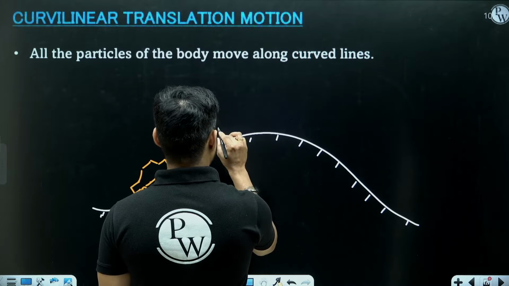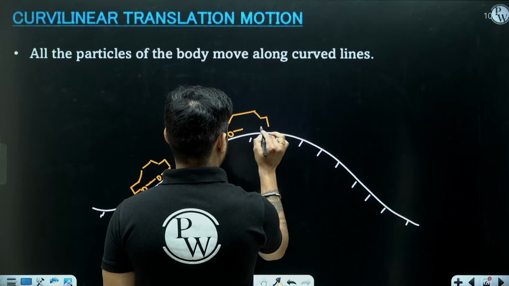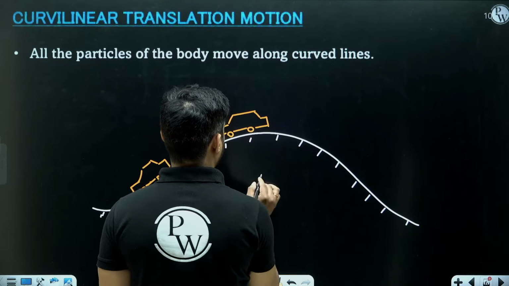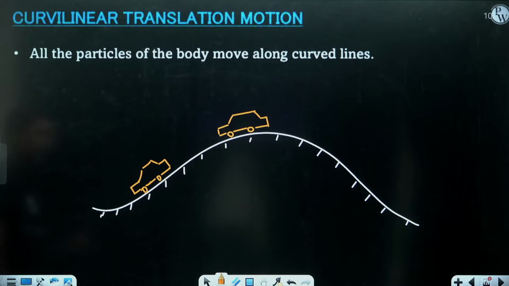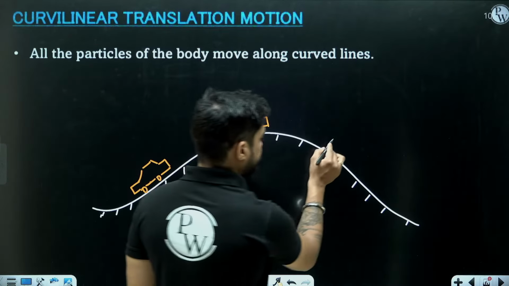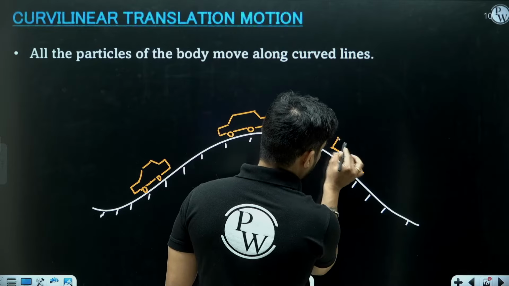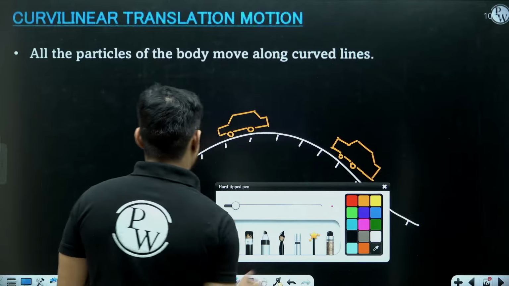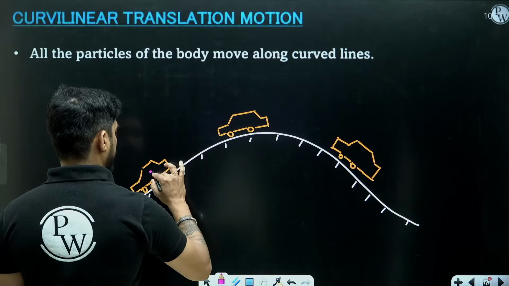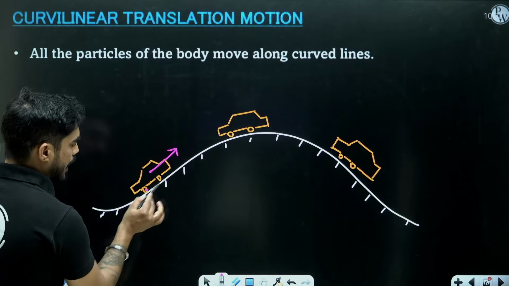Now you can see that at different times the direction of velocity is changing, right? At this point, if you see, the velocity at any particle will be something like this. It will be tangential to the path.